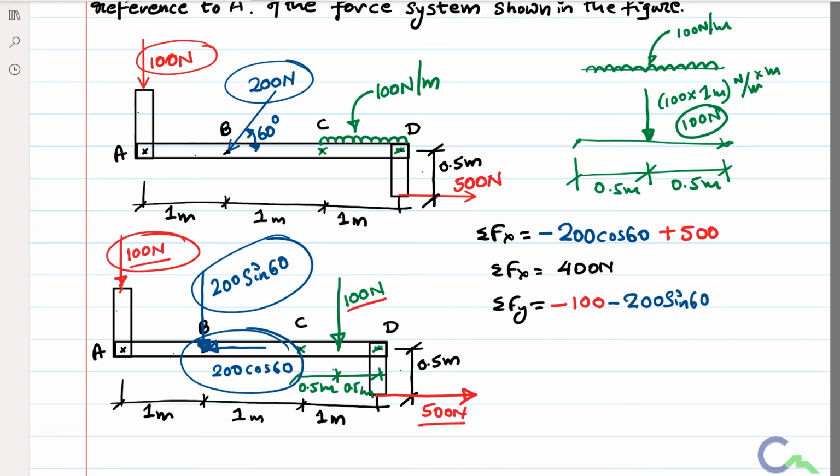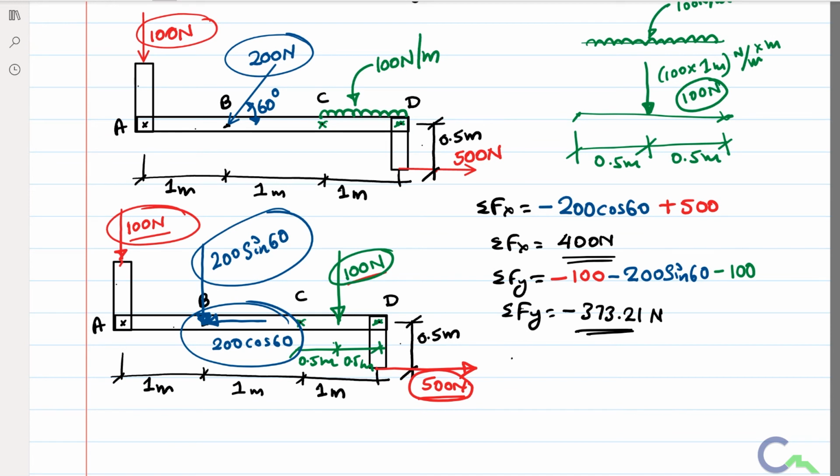Then we have the component of the UDL, which we converted into a point load, that is minus 100, acting downward, that's why it is minus. Then there is no vertical component for 500. So only these are the forces. If I do the summation, we will get minus 373.21 Newton.